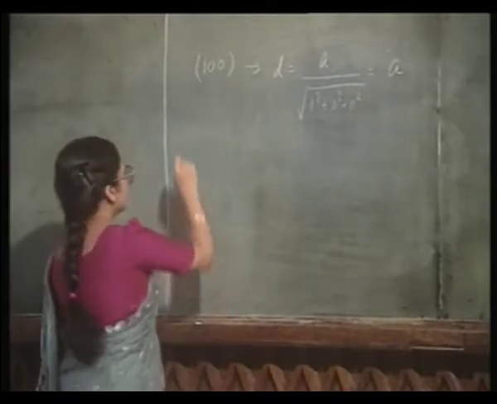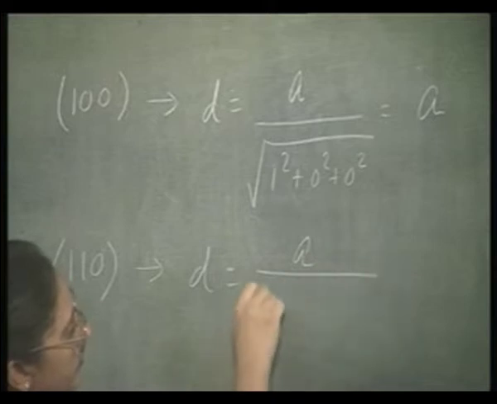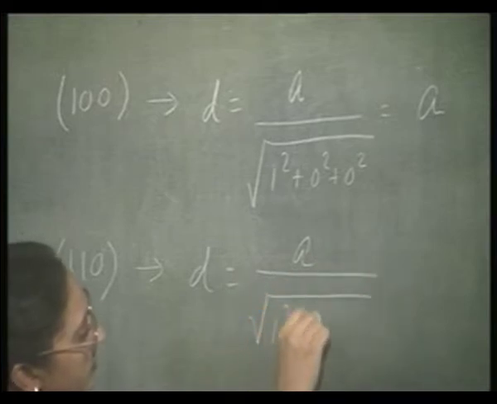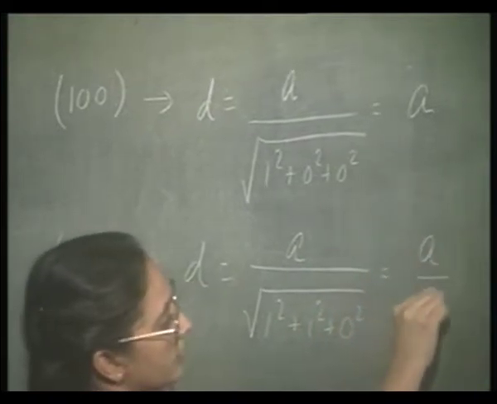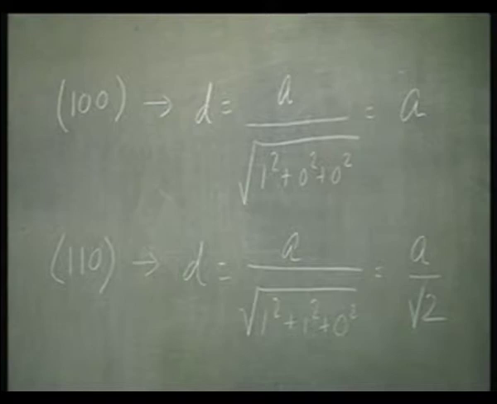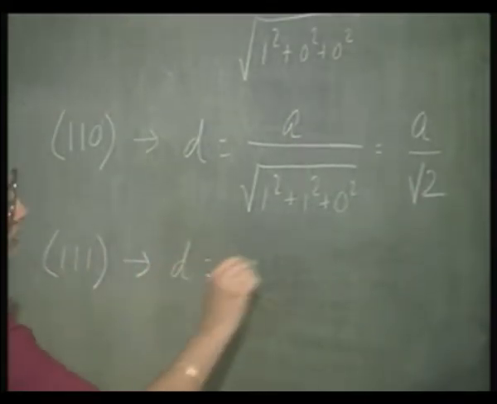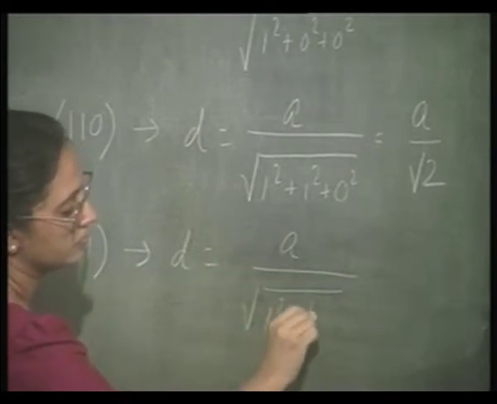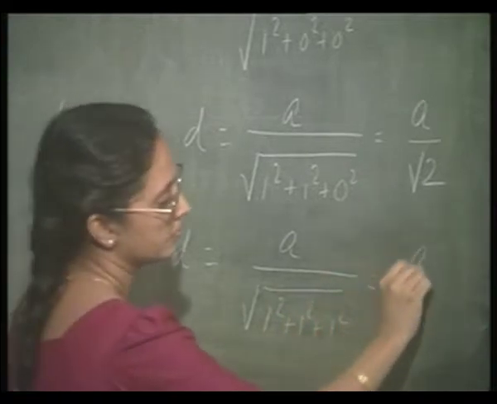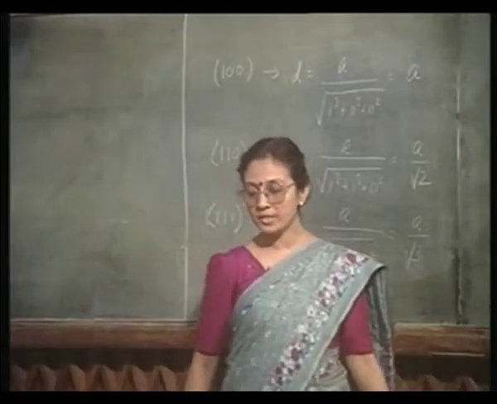For 1, 1, 0 planes, and for 1, 1, 1 planes, so from this what do we see?